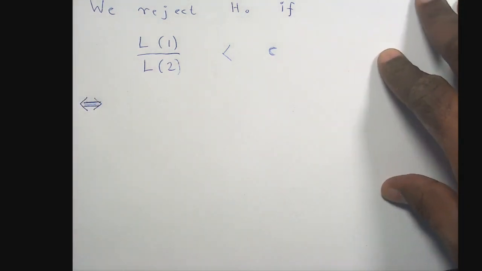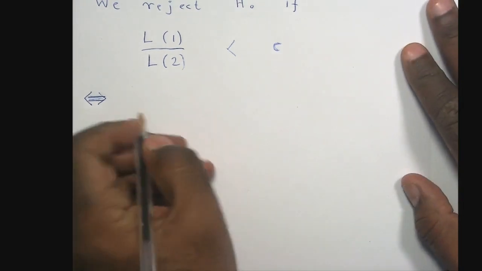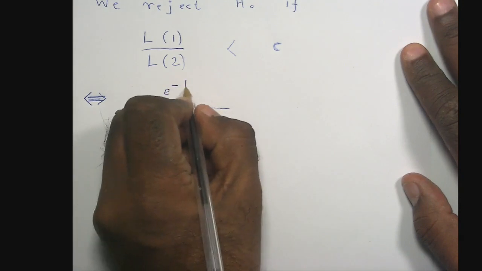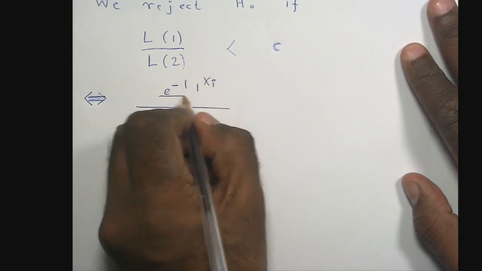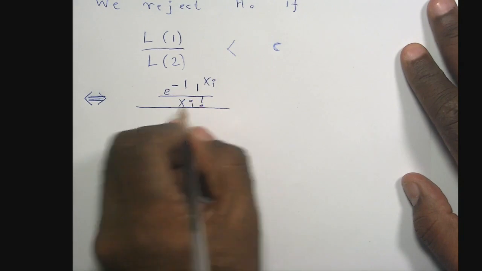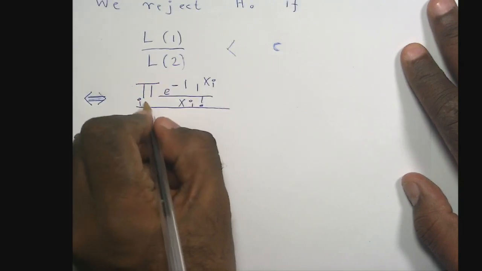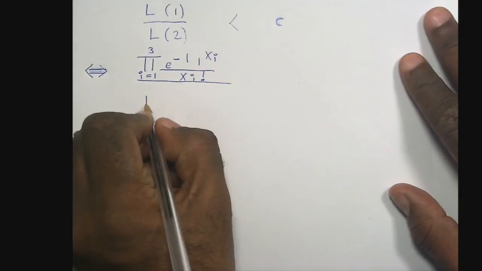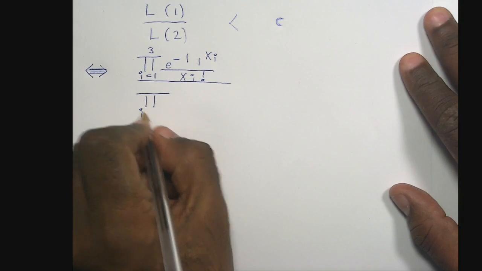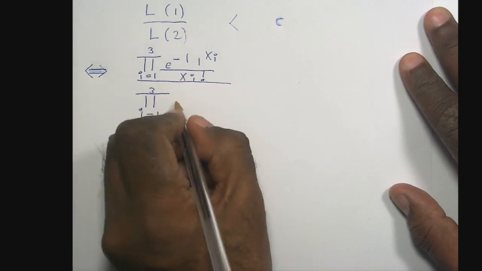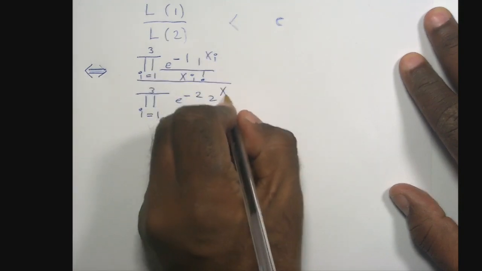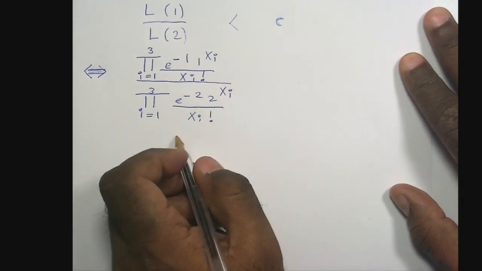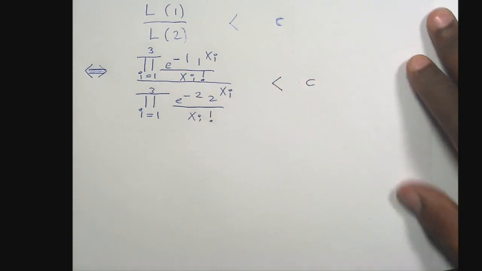The likelihood at 1 is this, and the likelihood at 2 is this, less than a constant c.